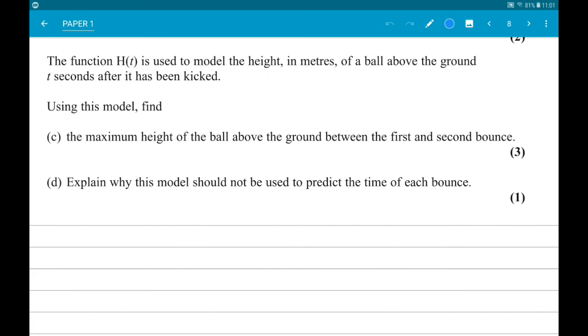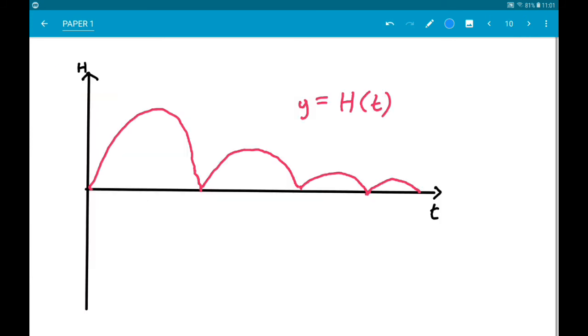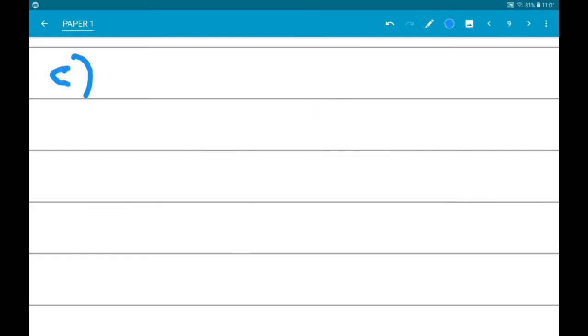So, we want to find the height there. Now, what we're going to do is we're going to use f of x first to find the x or t coordinate. So, we know that it's a stationary point, so tan x is equal to 4.